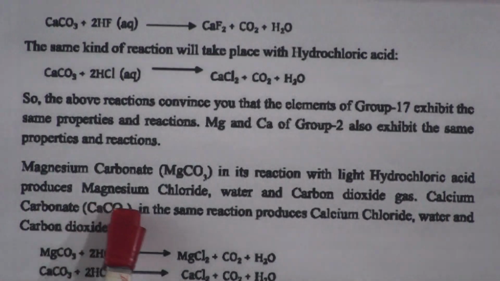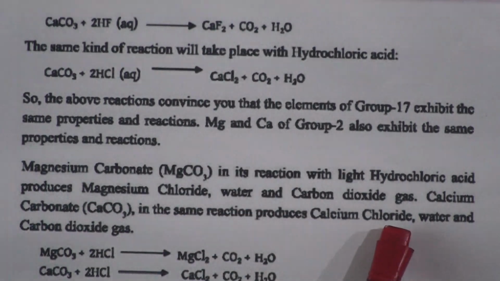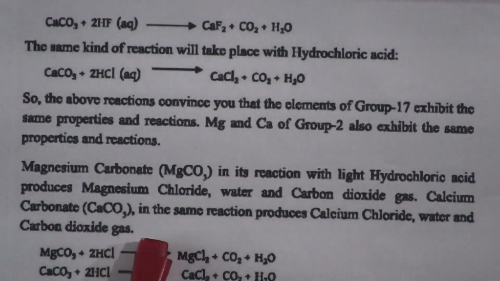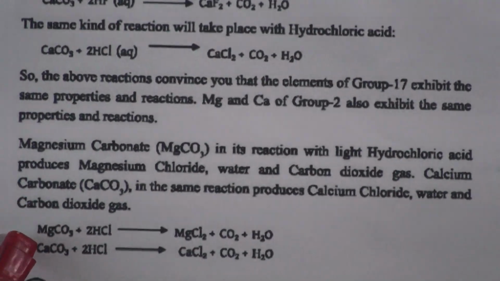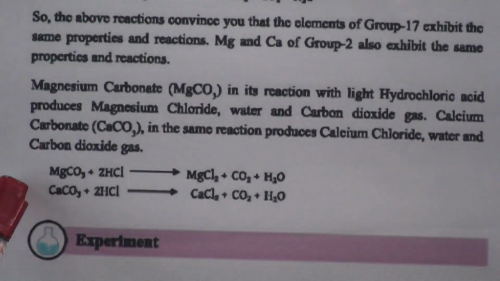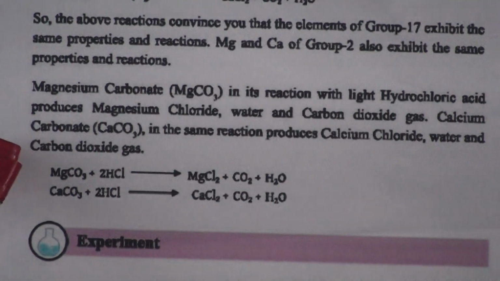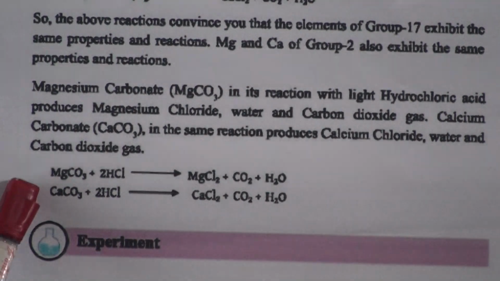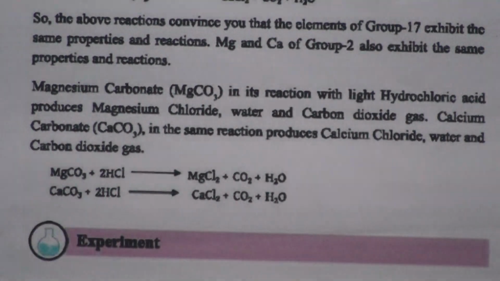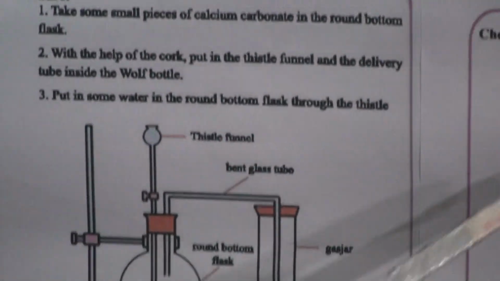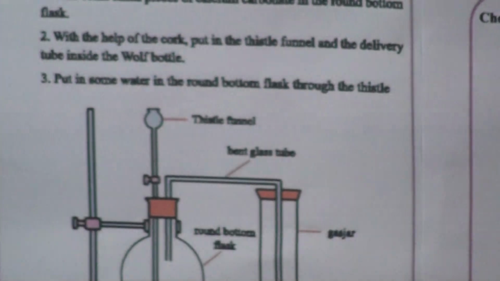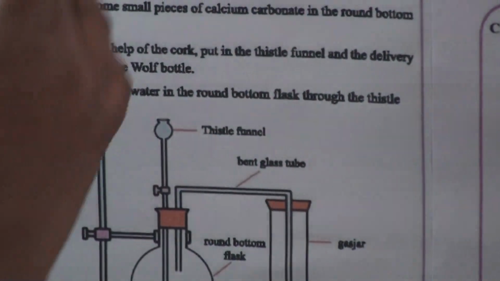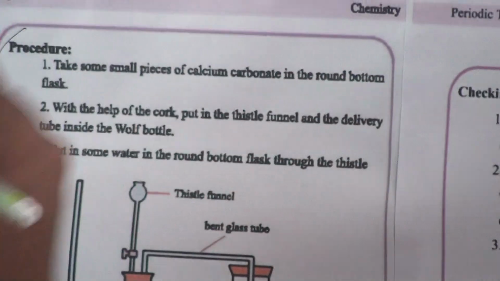Calcium carbonate in the same reaction produces calcium chloride, water and carbon dioxide gas. If we observe, elements in the same group show the same types of characteristics, and there they give an experiment on how we can produce carbon dioxide. You have to learn this, and this is an important part for your learning also.